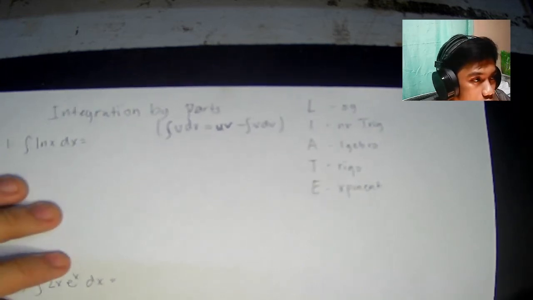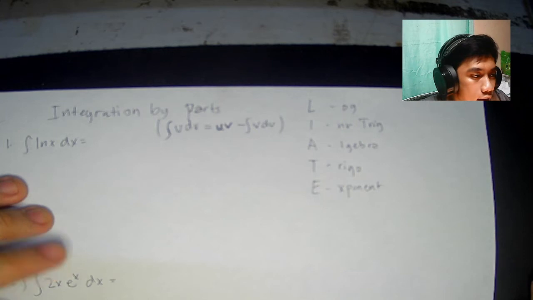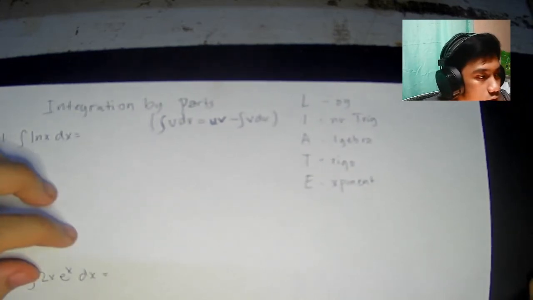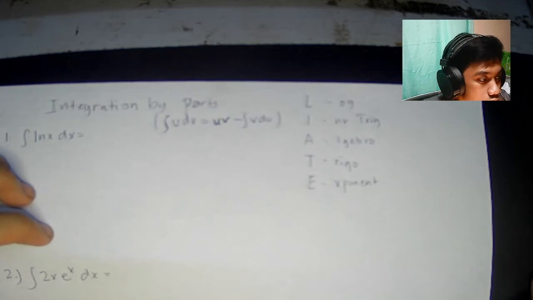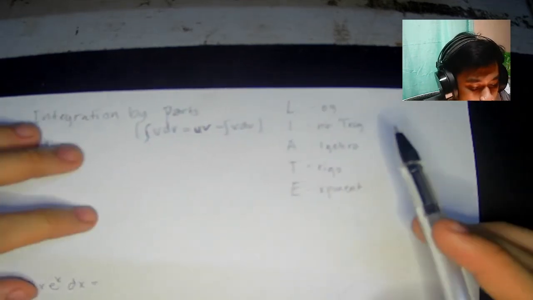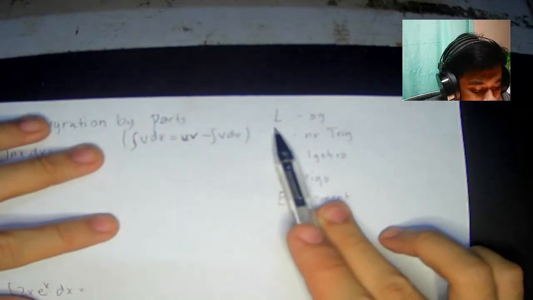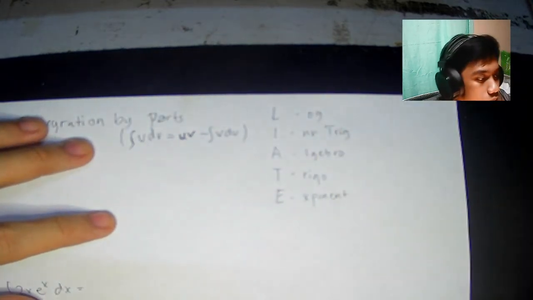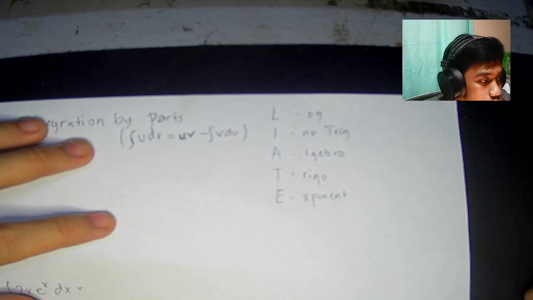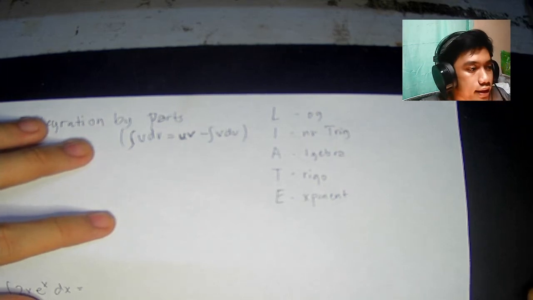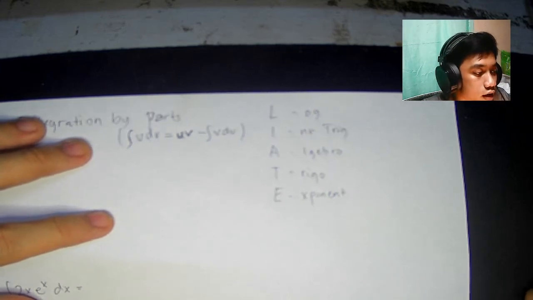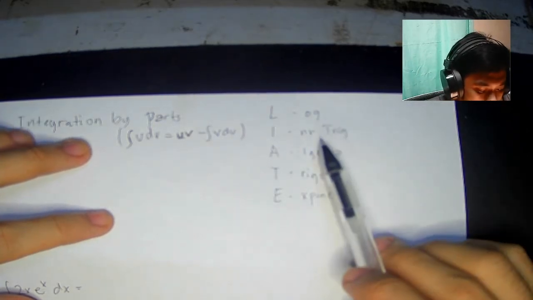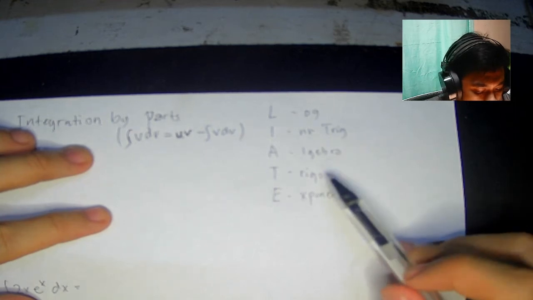There is a trick, or it's not really a hack but a trick, that is used by many mathematicians, and I also saw it online. They use the term LIATE. LIATE stands for logarithms, inverse trigonometry, algebra, trigonometry, and exponent.